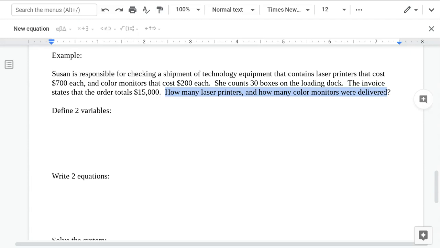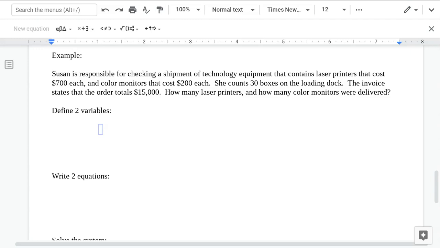And those unknown values are what we use variables to represent. So when we talk about variables, we don't want to just say laser printers. We know what a printer is. We also know what monitors are. We need to be a little more specific here. It's how many of those things, the number of those things. And so I'm going to define some variables here. It's okay to use X's and Y's.